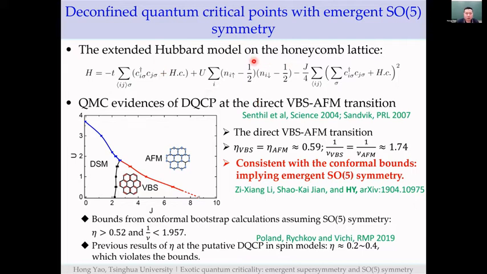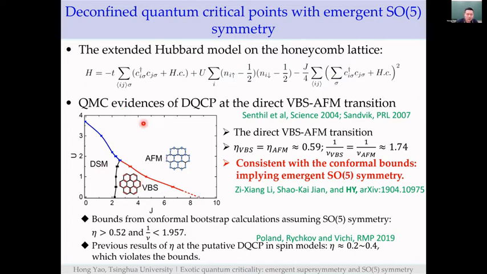We consider a repulsive U, which is just the usual repulsive Hubbard U. We also have this hopping-squared interaction J. You can imagine that if we have some electron-phonon interaction, like SSH-type electron-phonon interaction, and we integrate out the phonon, we can obtain such a hopping-squared interaction when the phonon frequency is large enough, in the anti-adiabatic limit. So now I just consider this model as the starting point.